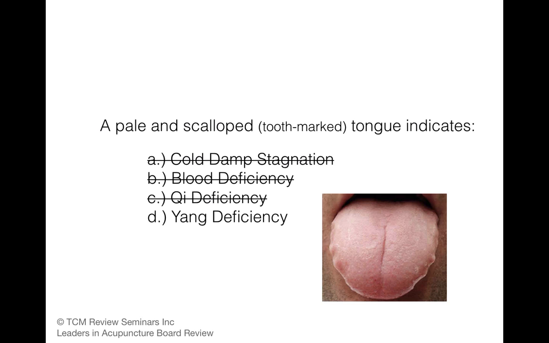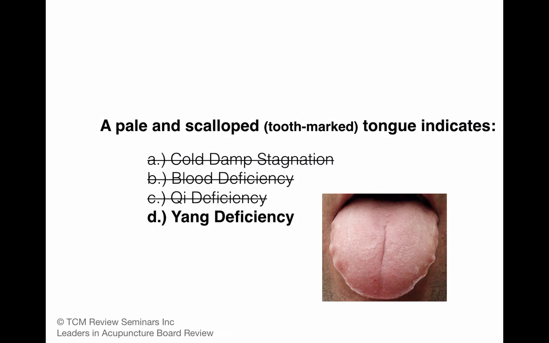A qi deficient tongue would have a thin white coat and be pale, but not swollen and with tooth marks, according to the textbooks and the exam. So that leaves us with a pale and scalloped or tooth-marked tongue indicating yang deficiency.